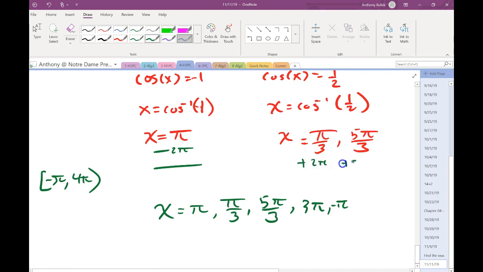If I add 2 pi to these, are those on the interval? Yes, right? So that's going to be 7 pi over 6, and then 11 pi over 6. Or I'm sorry, I don't know why I said 6. They're over 3. Everybody's okay there? Maya?